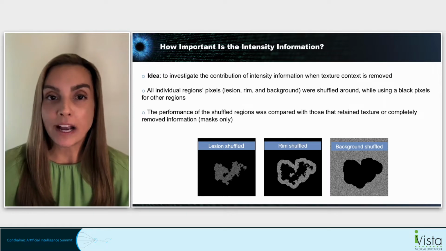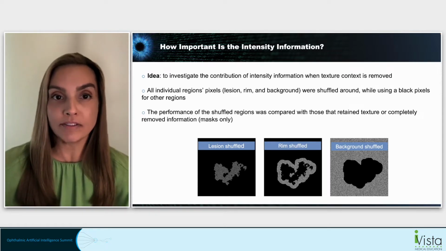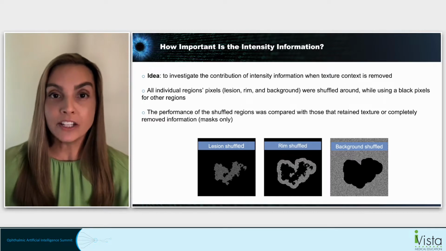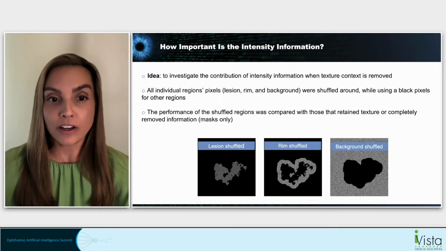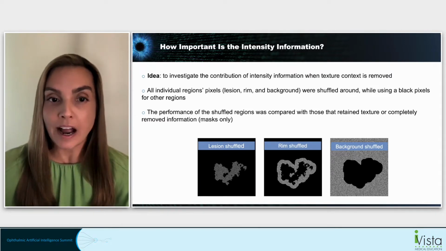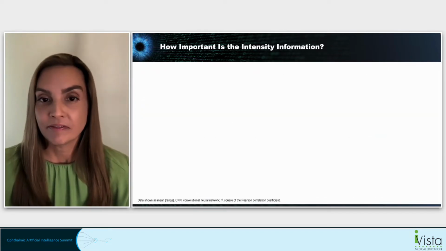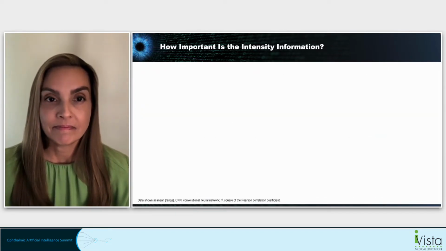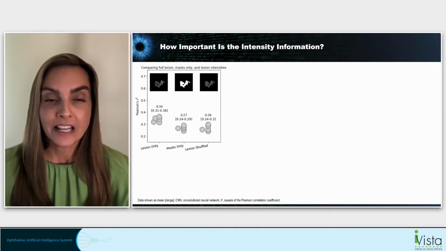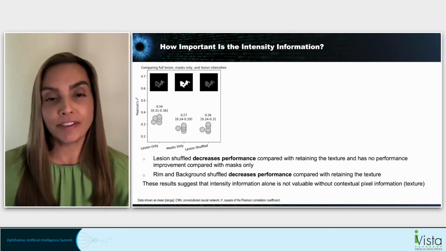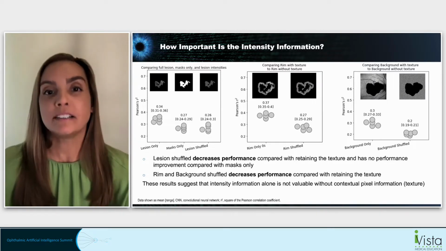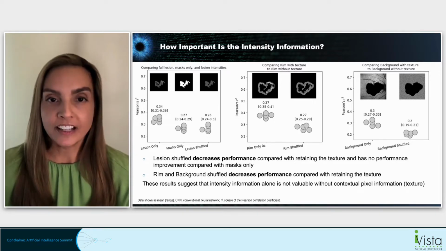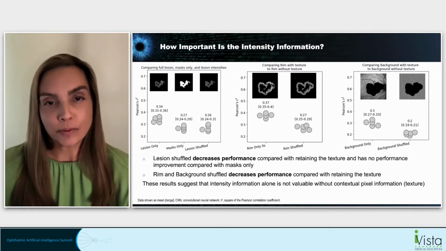And then as a final exercise, we ask ourselves, what's the relevance of the intensity information? And to address that scientific question, we used a very simple but interesting methodology. We simply shuffled the pixels of the image regions of interest that I just described. And what we observed is that when we compare the rim with texture and the rim without texture, that really makes a difference.